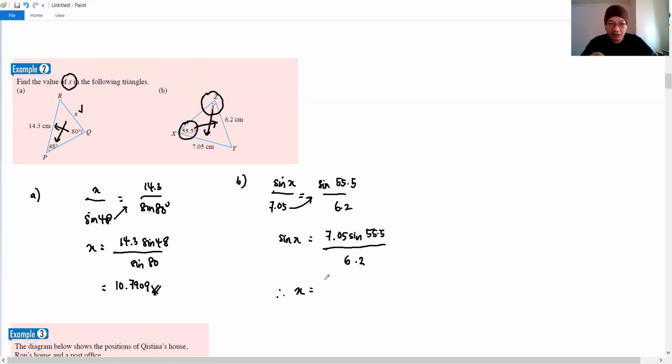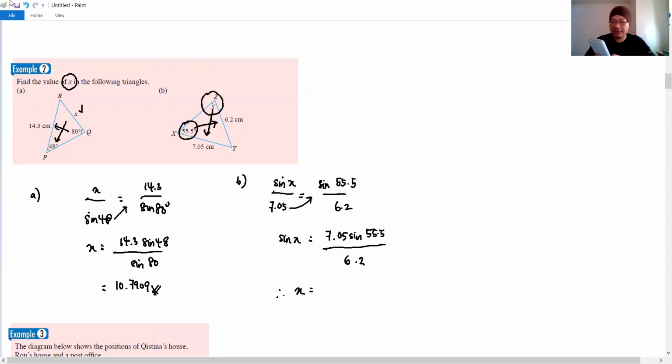Okay? You want to solve the problem in chapter 9, please make sure you only round off one time, at your final answer. That's why from the sine x equal to this here, I jump to therefore x equal to, what? Because how do we solve the problem? We put everything, 7.05 times sine 55.5, right?